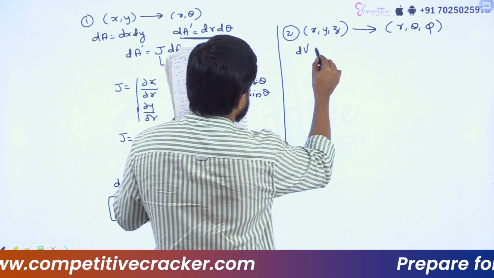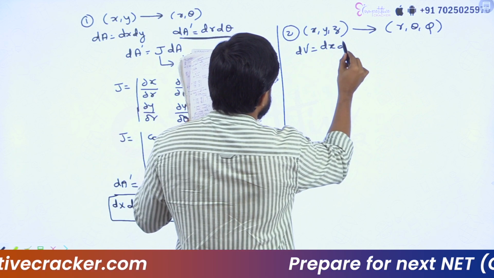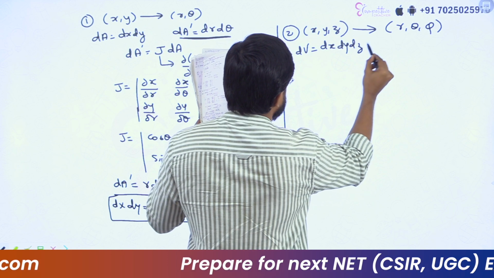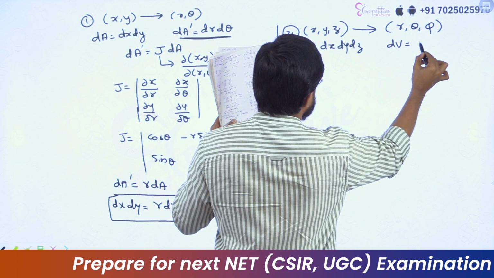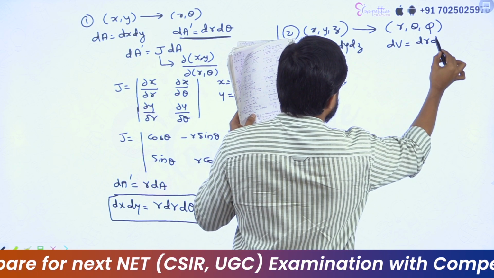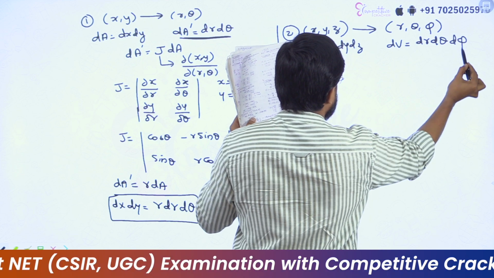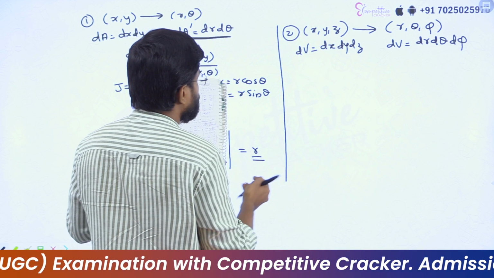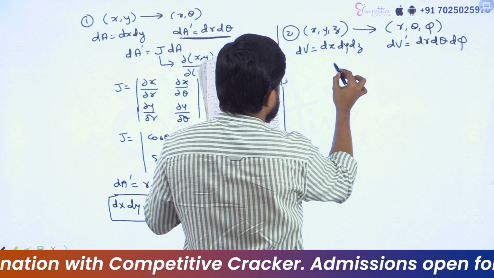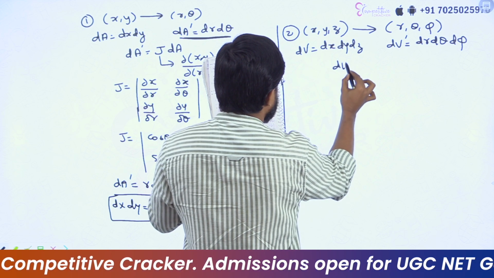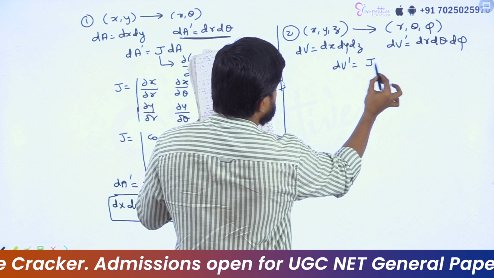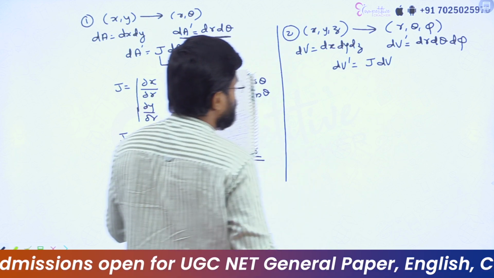So the volume here will be dx dy dz, and here we assume that it is dr d theta d phi, and we assume that dV prime is equal to J into dV.